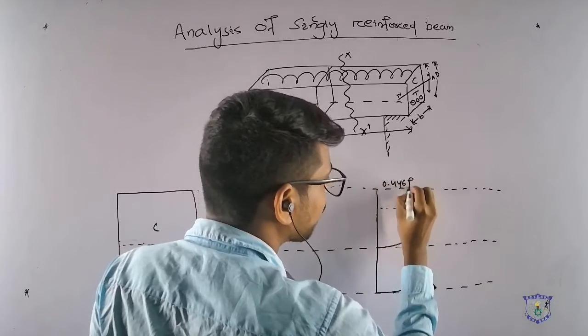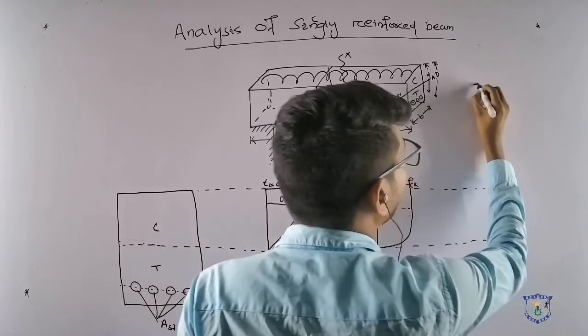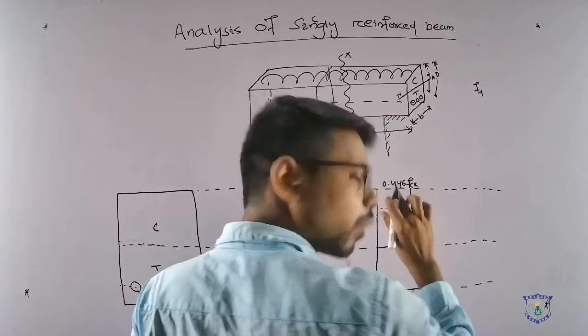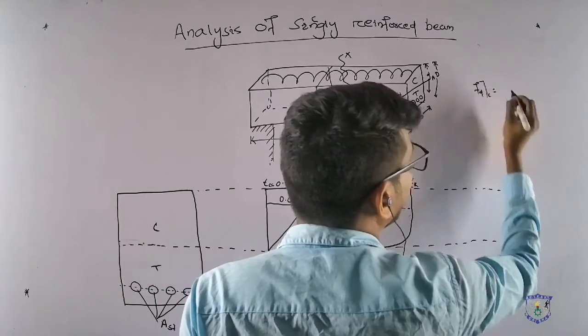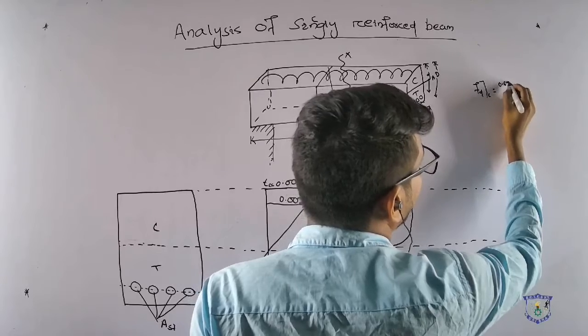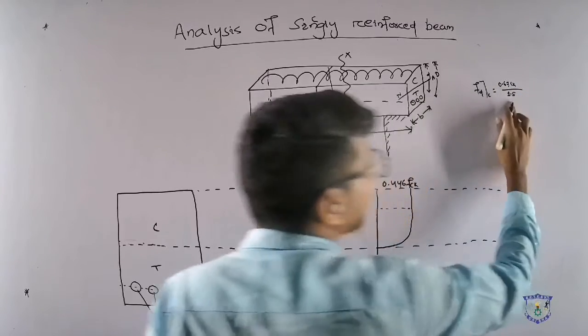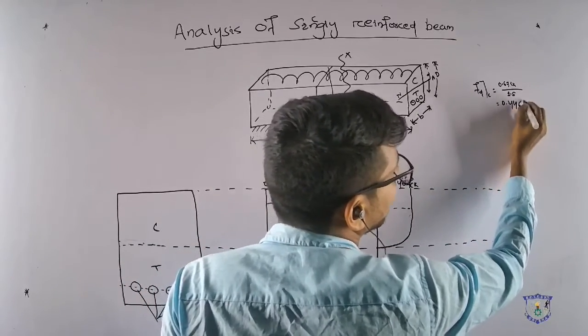0.446 fck. One of the assumptions, you can find out the design strength of the concrete. Design stress of concrete is how much? 0.67 fck divided by 1.5, the partial safety factor. We can get 0.446 fck.